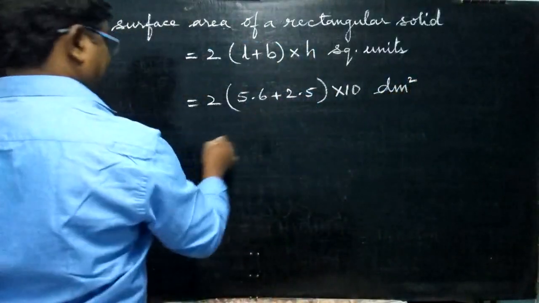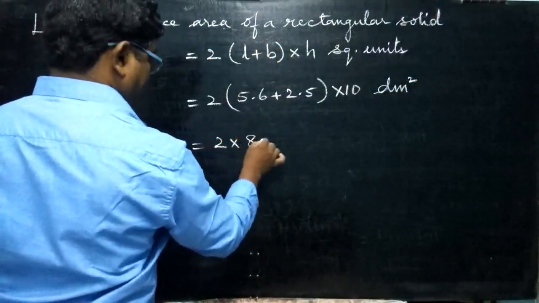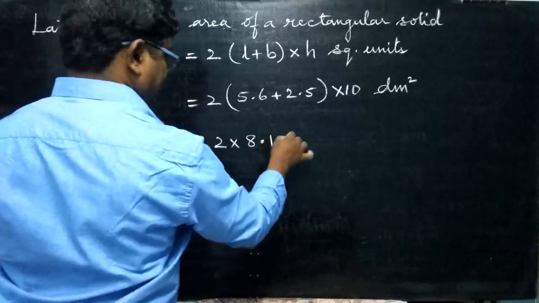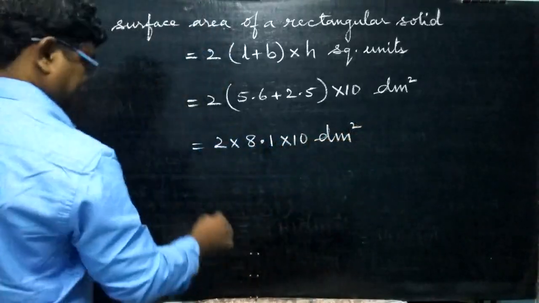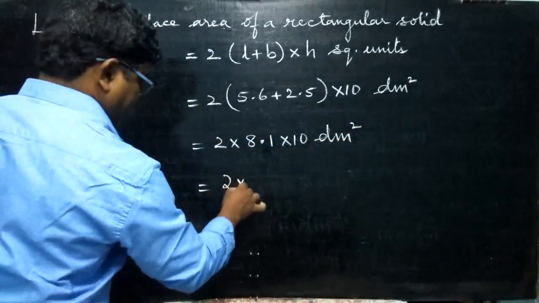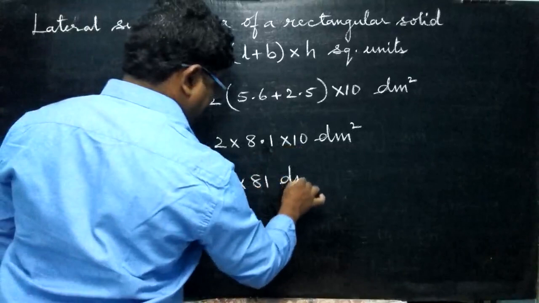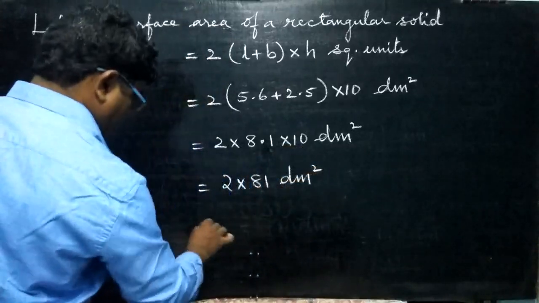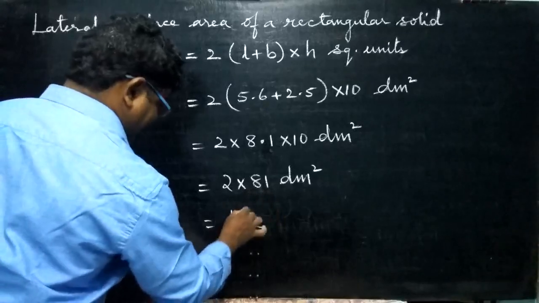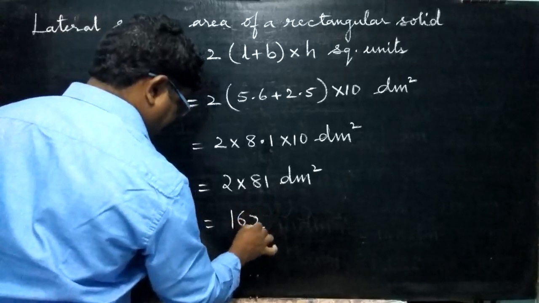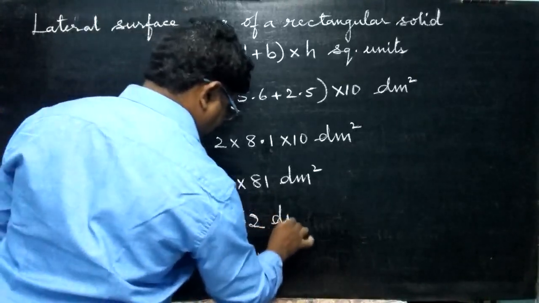Add: 2 into 8.1 into 10 decimeter square, 2 into 81, because 8.1 into 10 is 81. 2 eights are 16, so 162 decimeter square.